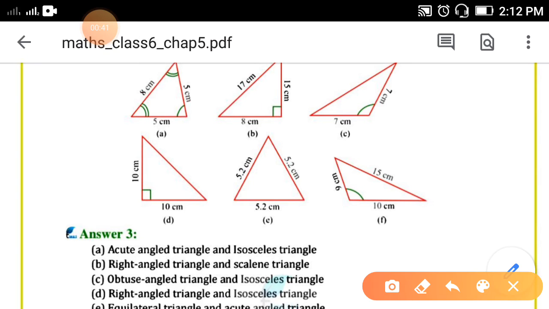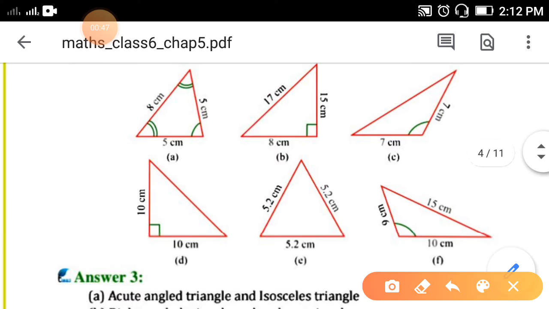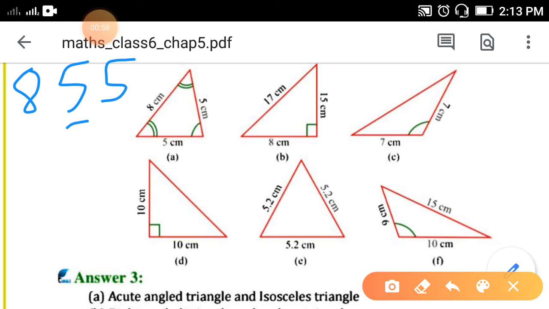First one, see the first triangle. Length of the sides is given 8, 5 and 5. So two sides are same and the third side is different. When you have to give the name of the triangle based on the sides, then it is an isosceles triangle.